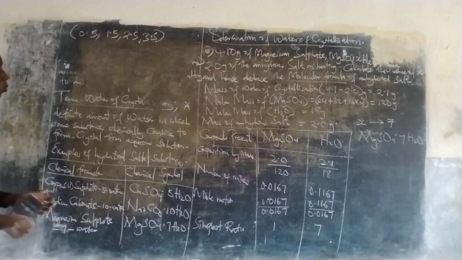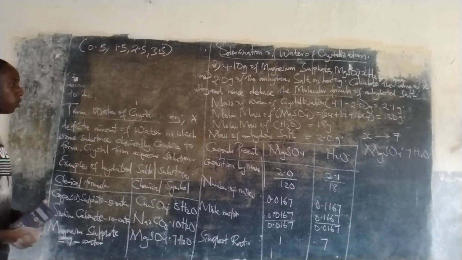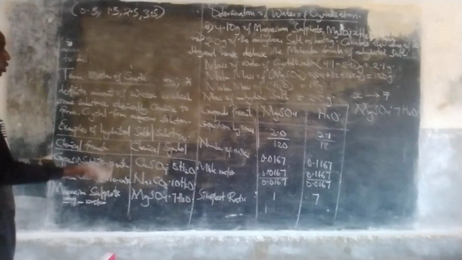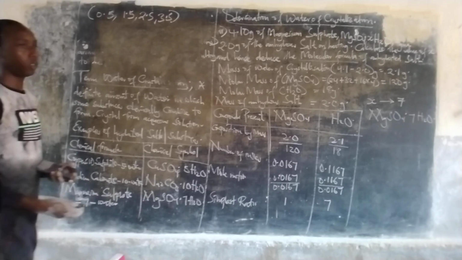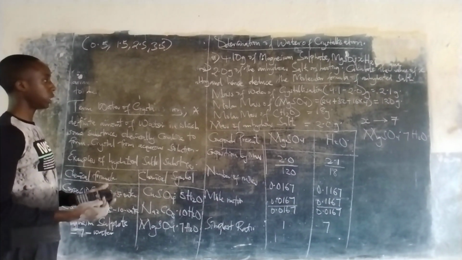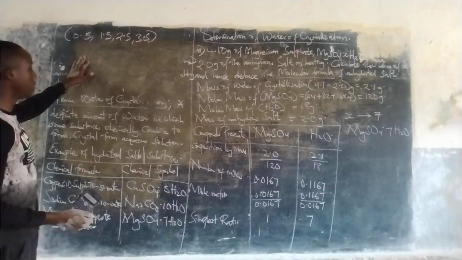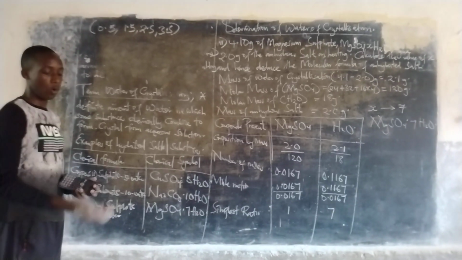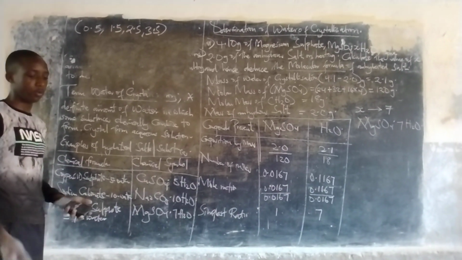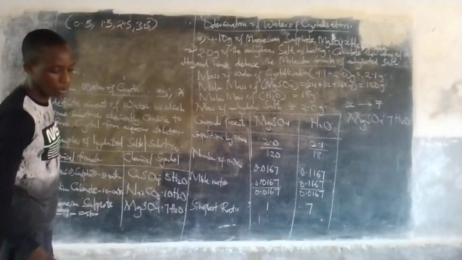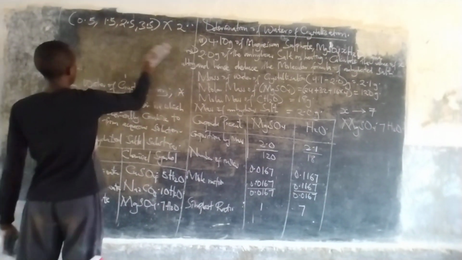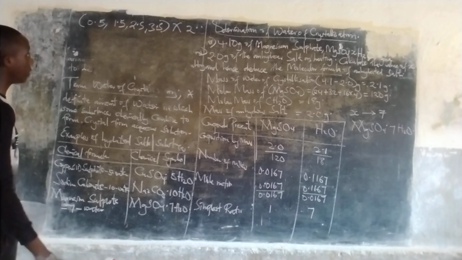Simply, we just try to get the least number that we can multiply by, and we get the whole number. Because here we are not interested in fractions. For example, this number you can start from 1 up to 4 or even 5. So simply here you can just multiply by 2, and that can give you a whole number.